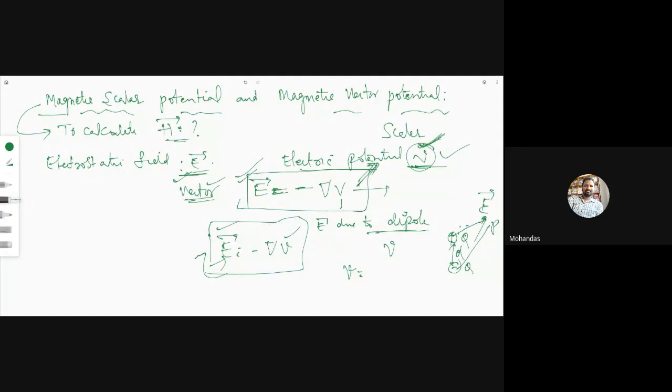Arithmetic addition is simple, so they introduced electric potential called voltage. In networks also, voltage is nothing but electric potential.